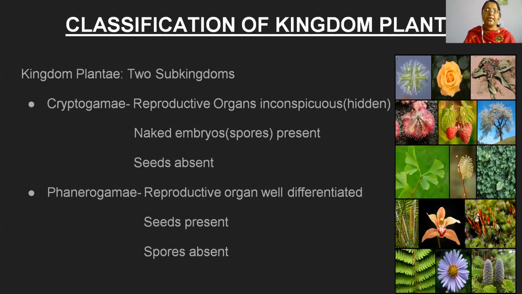Now we will see the classification of kingdom Plantae in more detail. This Plantae kingdom is divided first into two sub-kingdoms, that is cryptogamy and phanerogamy. Crypto means hidden and gamy means reproductive organs. That means here the reproductive organs are inconspicuous, that means they are hidden.